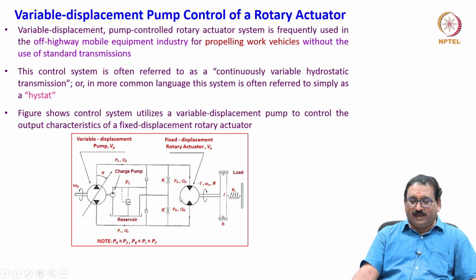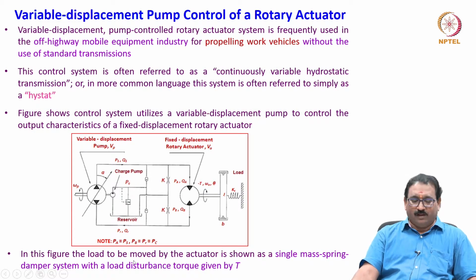Here you will see the fixed displacement rotary actuator. Again, I have connected the load arrangement, which is shown as J, B damping and a spring KT. Also, you will see a charge pump circuit coupled to the main pump. Let us discuss this in detail.